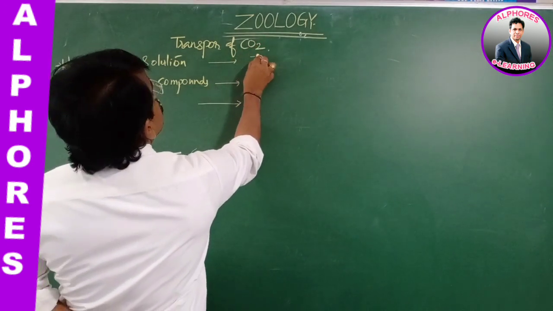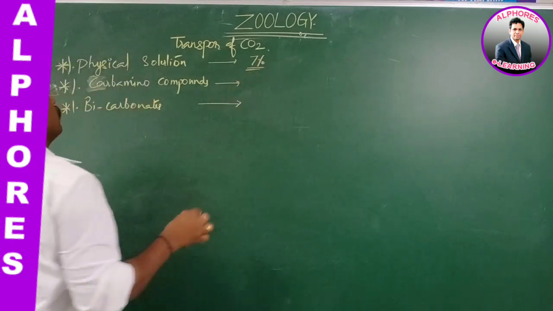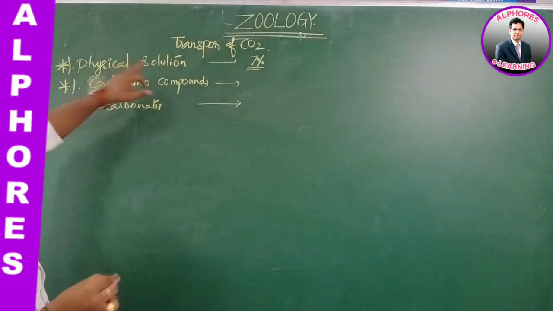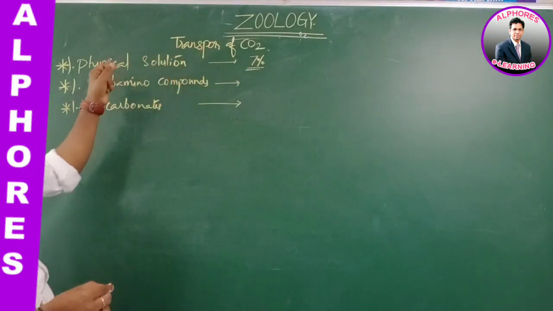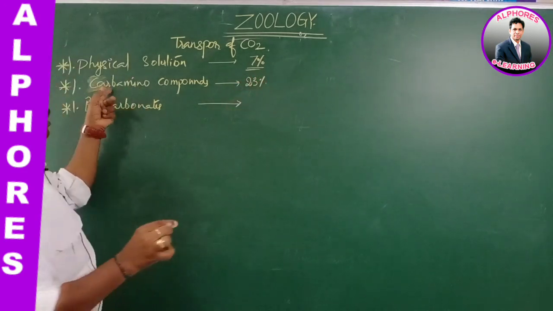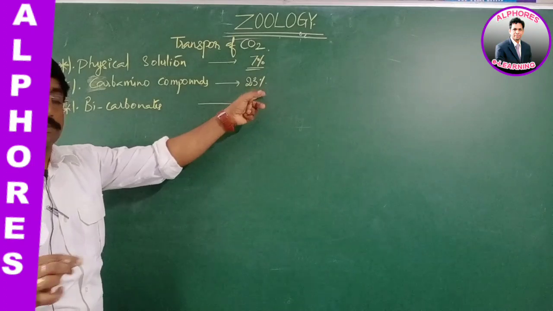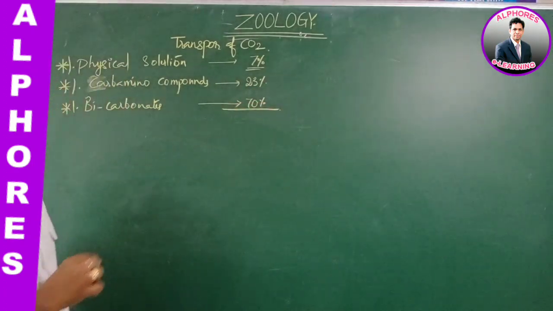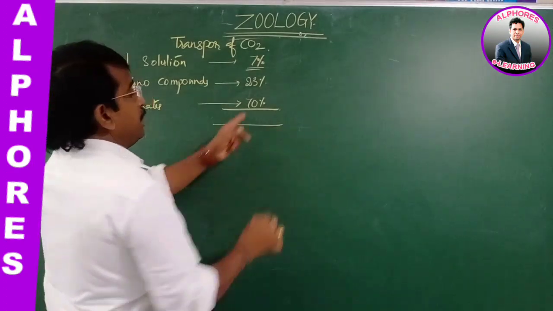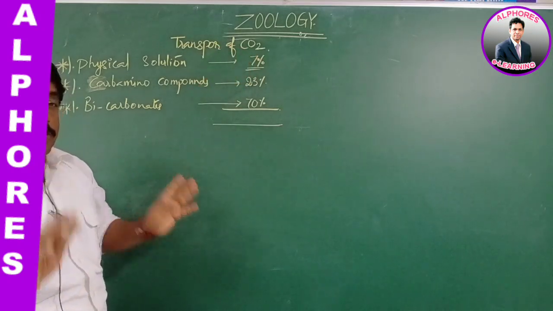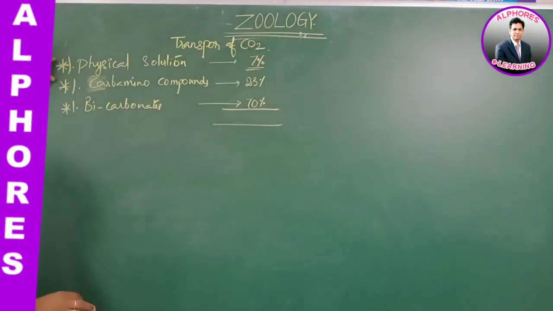Physical solution: 7% of the carbon dioxide is transported via physical solution. 23% is via carbamino compounds, and 70% is by bicarbonates. So 70 plus 23 is 93, plus 7, 100%. So CO2 is transported in three forms: physical solution, carbamino compounds, bicarbonates.